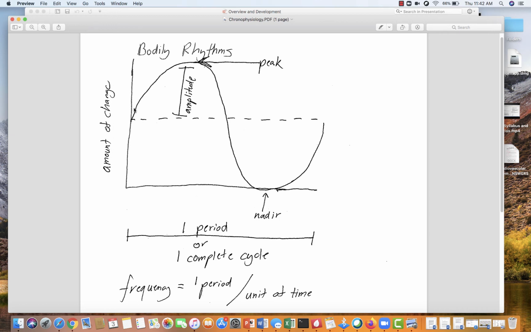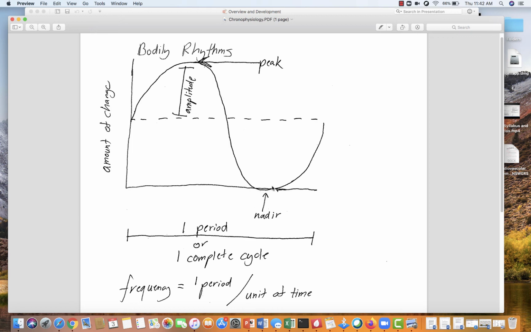You're going to see this typical fluctuation where you have an increase at a particular time of day, and then here you have a peak. Let's say it's some type of chemical like cortisol. So there's going to be a peak in cortisol, and then it's going to decrease over time.